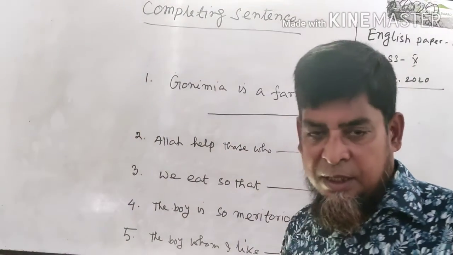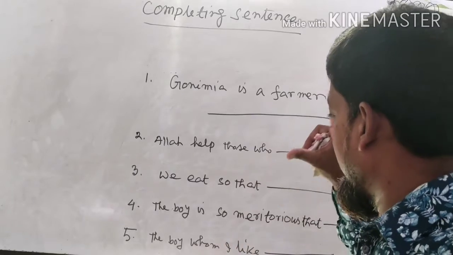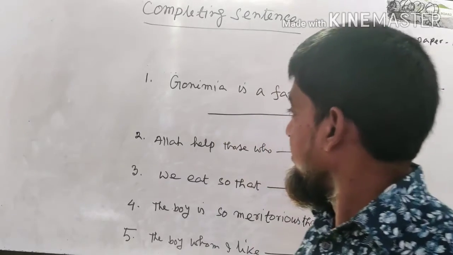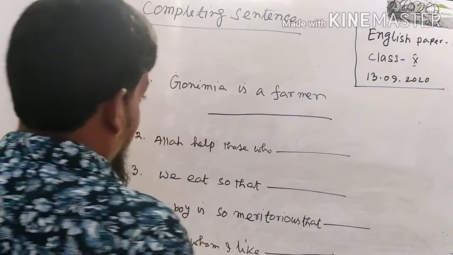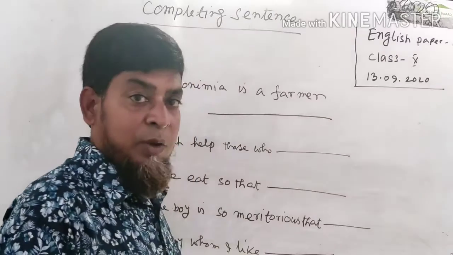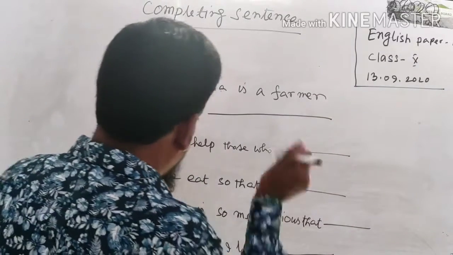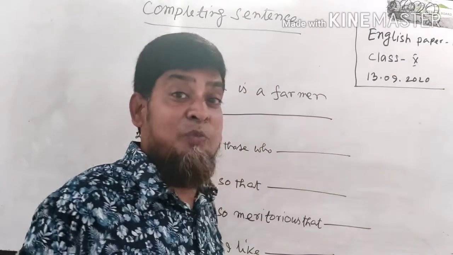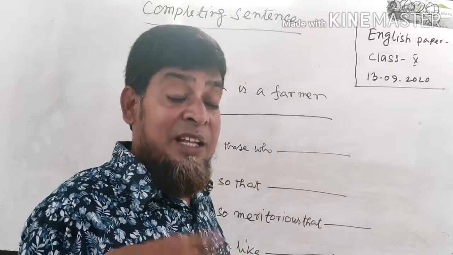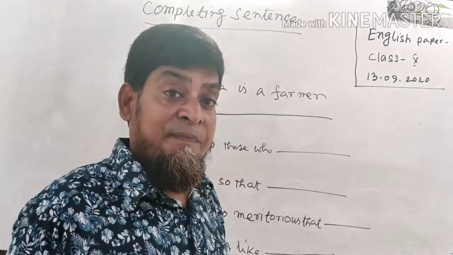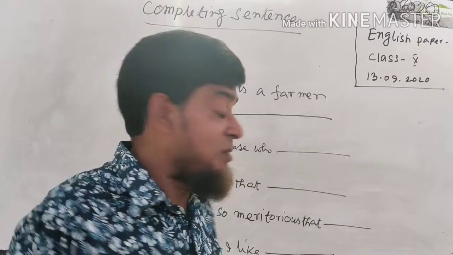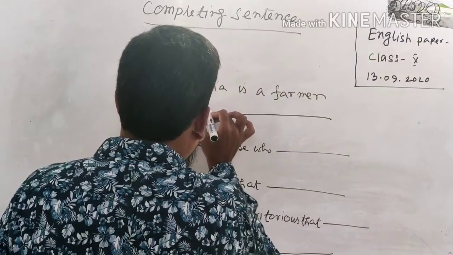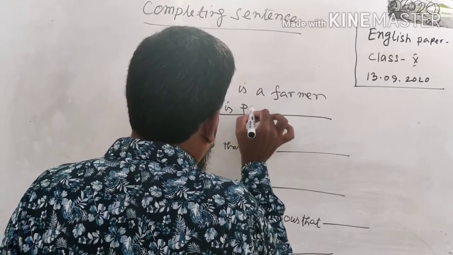Try to guess which answers will be appropriate for the blanks. I think you are trying to guess. Now I shall answer. You will check your answers against what I am writing on the board. Gonimia is a farmer who is poor.